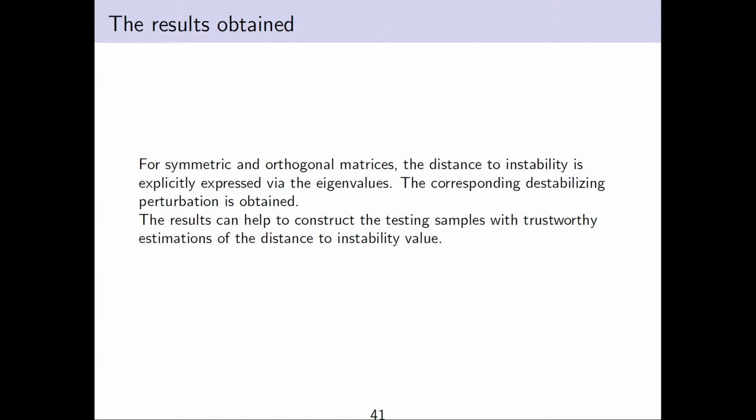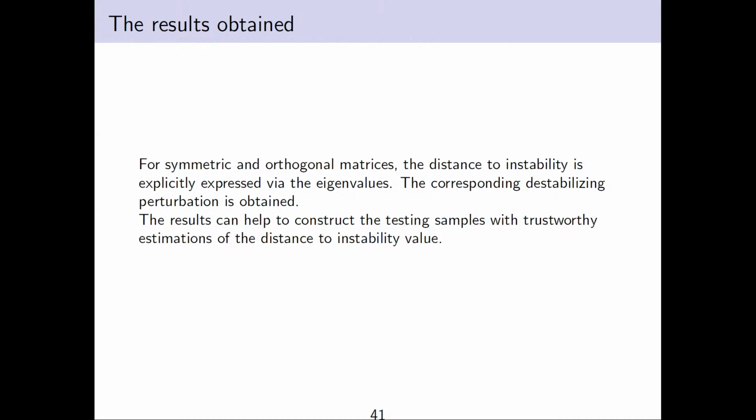We have obtained results that are explicit formulas for the stability radius for two classes of matrices. And we can use arbitrary precision. How? In a computer algebra system? Yes. We express the stability radius for symmetric and orthogonal matrices via eigenvalues of matrices.